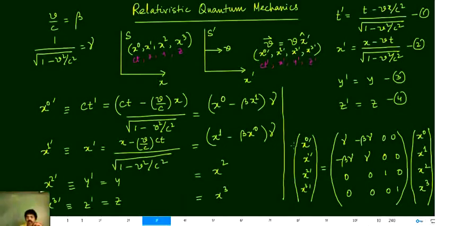So this is the Lorentz transformation matrix. This is denoted as L mu nu, and this is x mu prime and this is x nu.